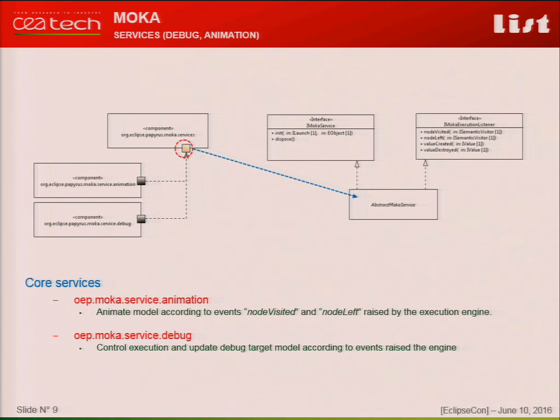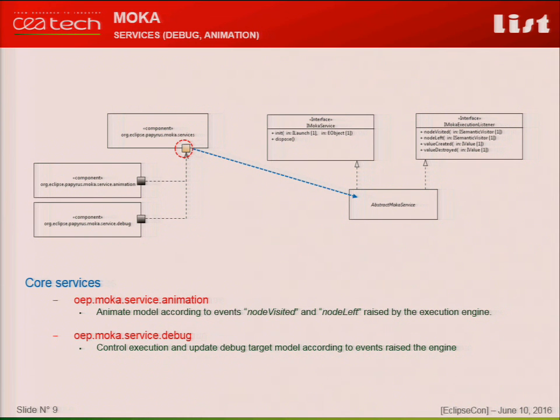Okay, let's talk more about the different services that are implemented. Well, we have two. We have one which does animation and one which does debugging. Basically, they all implement the interface MokaExecutionListener. So we know that when a node, for example, is visited, then we perform animation for this node in the animation service.